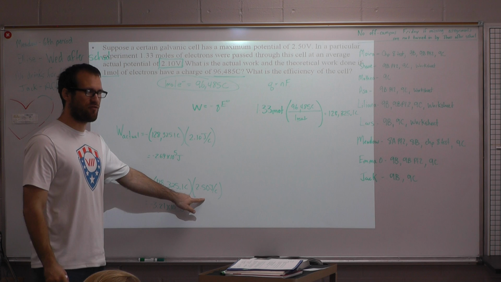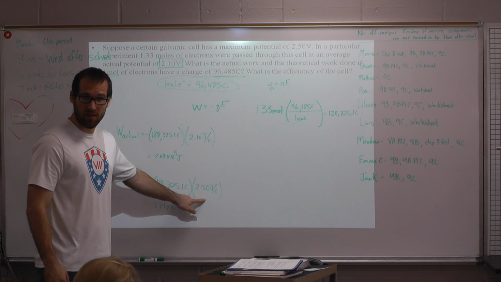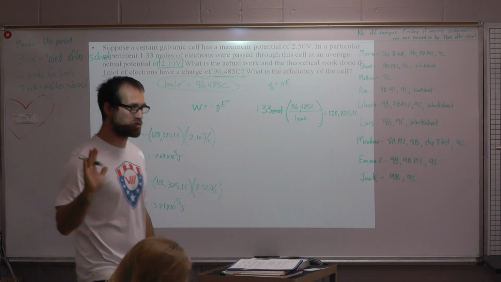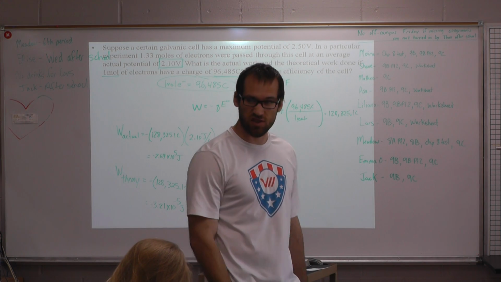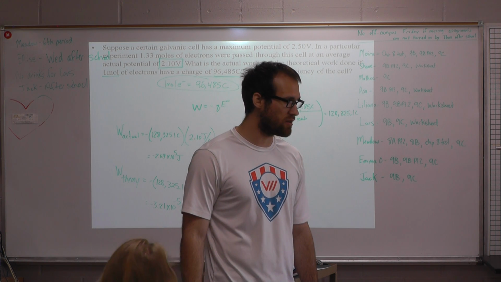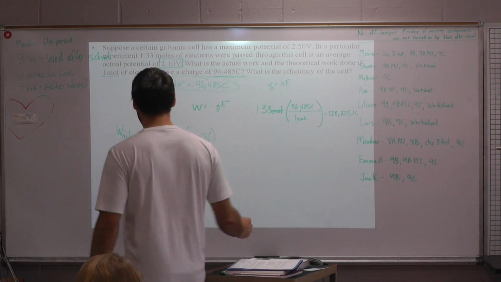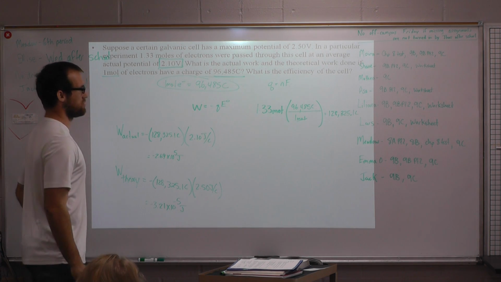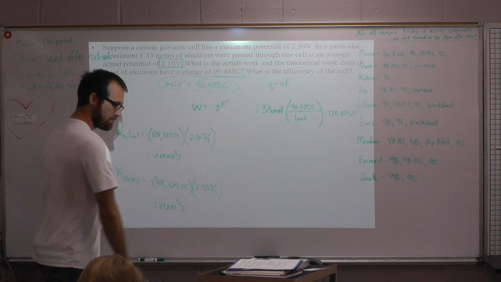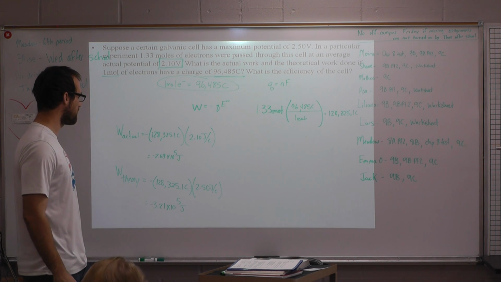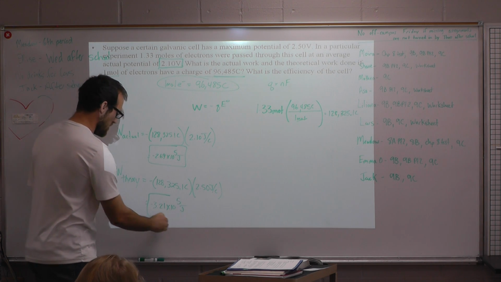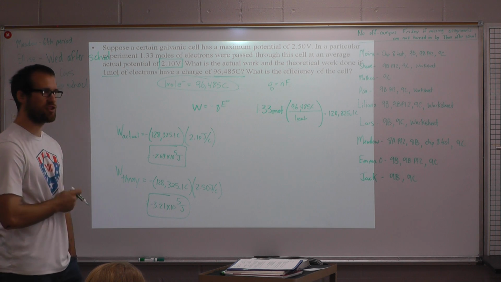Remember I said potential difference is like the charge pump, or the force that forces charge through. So if you have a stronger force pushing electrons through your circuit, you're going to get more work out. Does that make sense, everyone? Okay? So, in theory, we're going to do more work than actual. Is that supposed to be negative? Nope. Sorry, good catch. Okay? So this is my actual work done. This is in theory, had there been no friction.